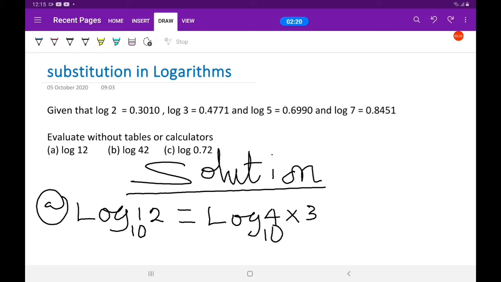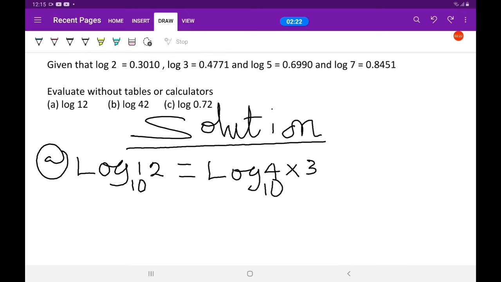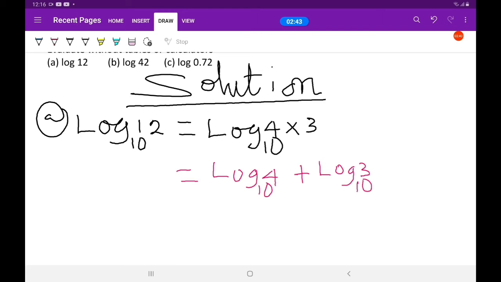Remember that anytime I have times and I want to split it down, that will be equal to log 4 to base 10, because I have times, plus log 3 to base 10. But from the question, log 4 was not given, meaning I have to split log 4 down.